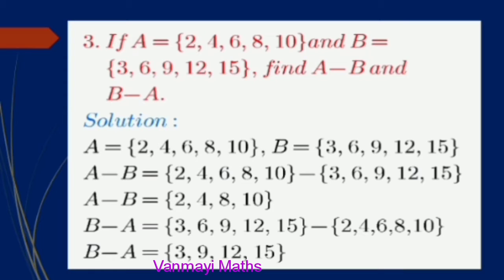In the same way, B minus A is equal to 3, 9, 12 and 15. So A minus B is not equal to B minus A here.